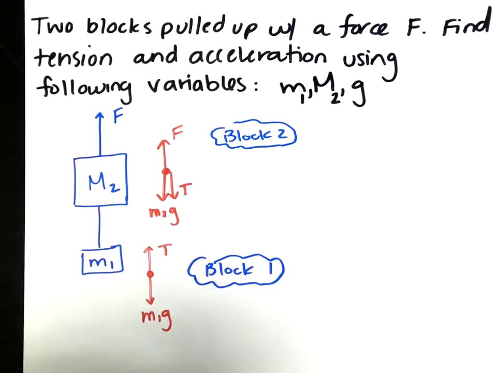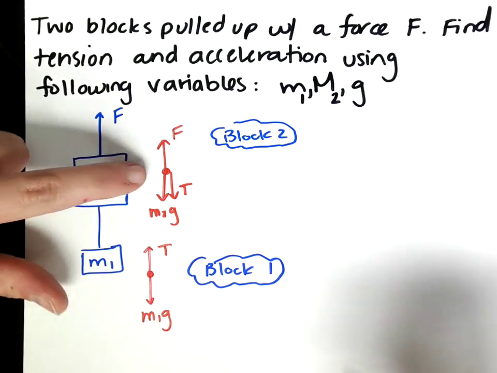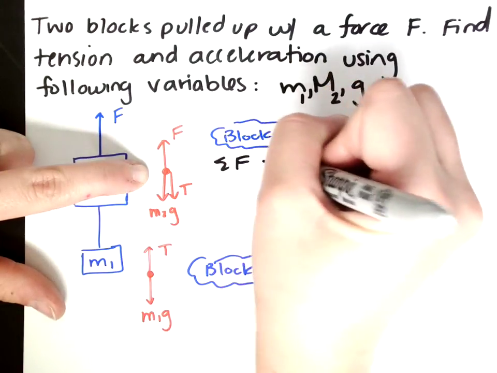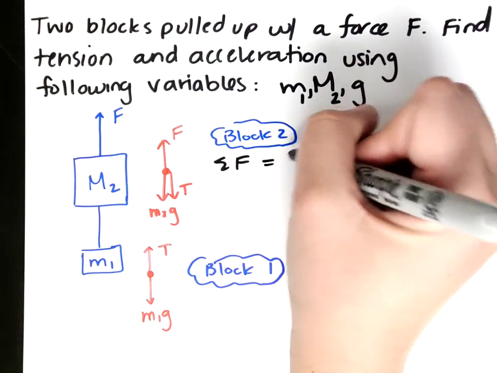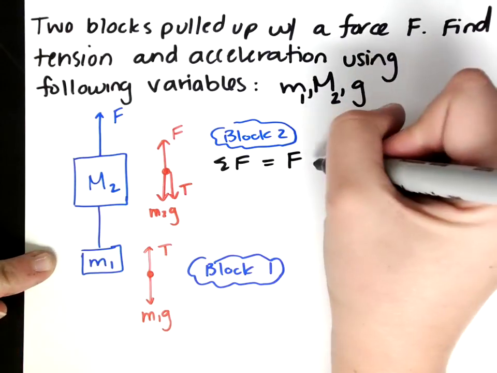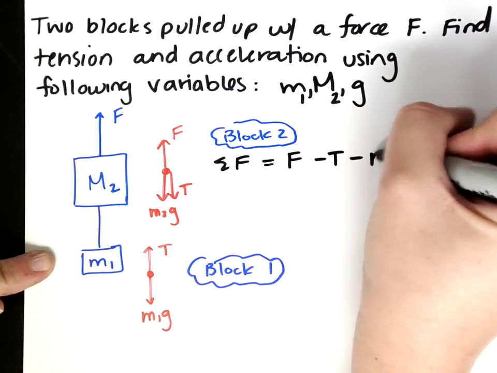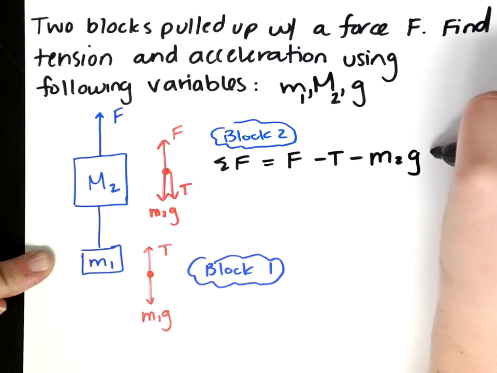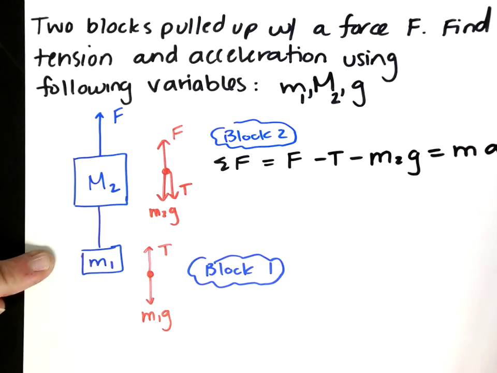Okay, so our equation for block 2 is sum of the forces is equal to, since it's moving upwards, F is positive, and tension is negative, and M2G is negative, equals M2A.